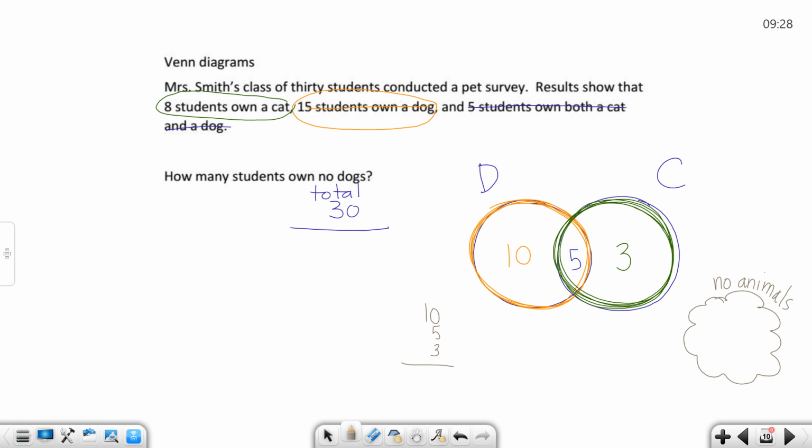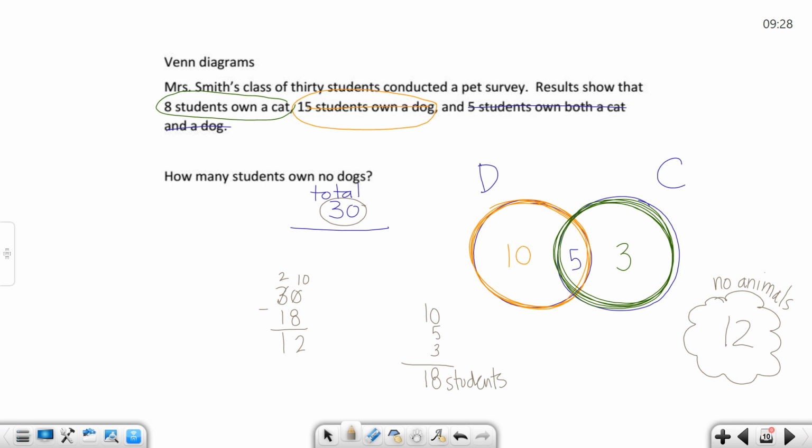So 10 plus 5 plus 3 would be 18. So there are 18 students that reported that they did have an animal, but there are 30 people in the class total. So if you see how many are left and you take 30 minus 18, you're going to get 12. So there's 12 students that don't like animals at all, or whose parents said they couldn't have an animal, right?